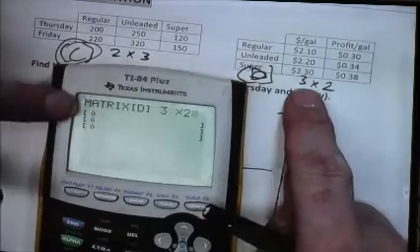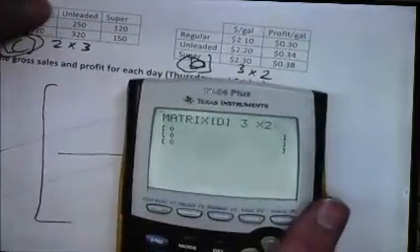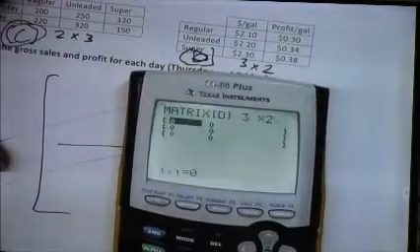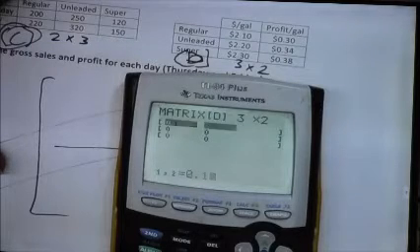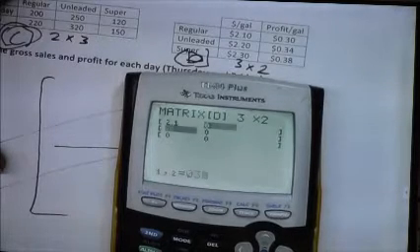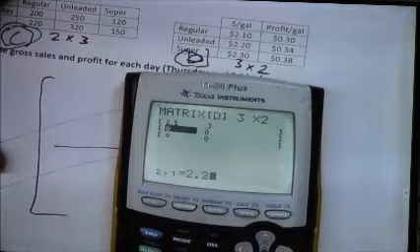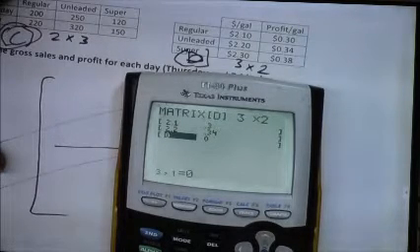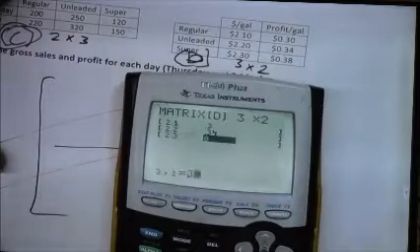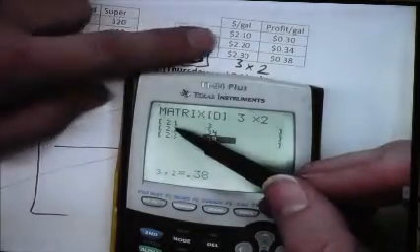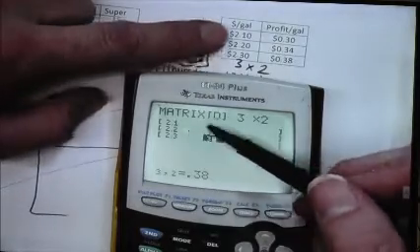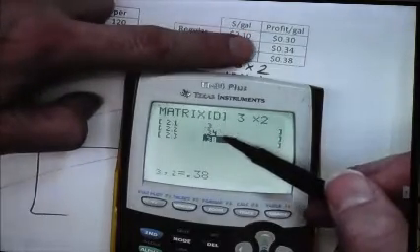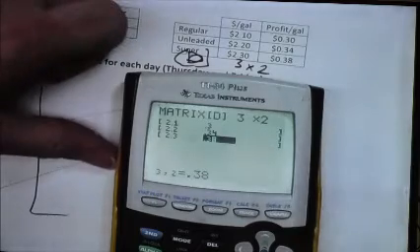This one's a 3 by 2. 2.1, 3, 2.2, 134. And check my numbers: 2.1, 2.2, 2.3, 0.3, 0.34, 0.38.